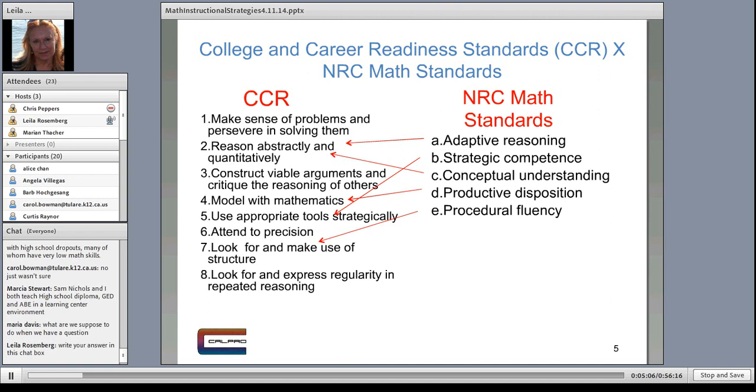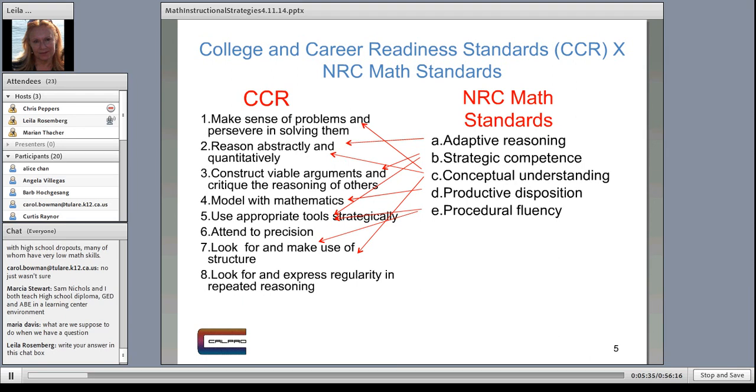Strategic competence with construct viable arguments and critique the reasoning of others. Conceptual understanding with look for and express regularity in repeated reasoning.